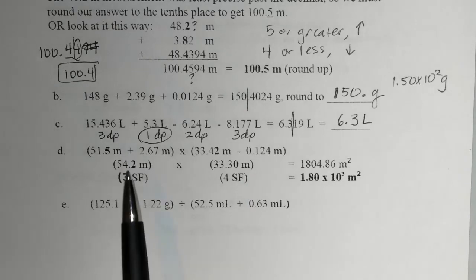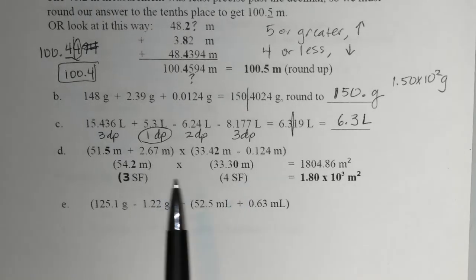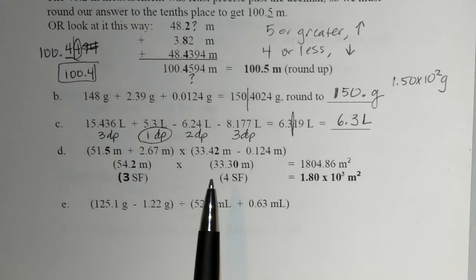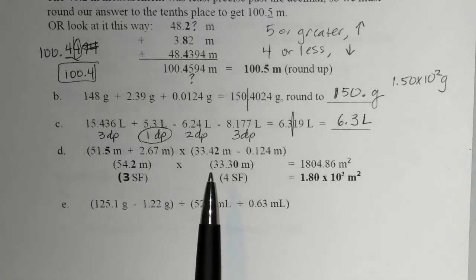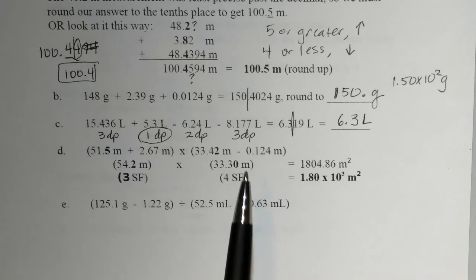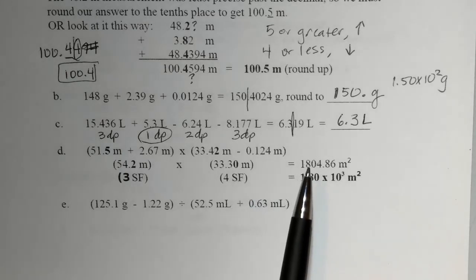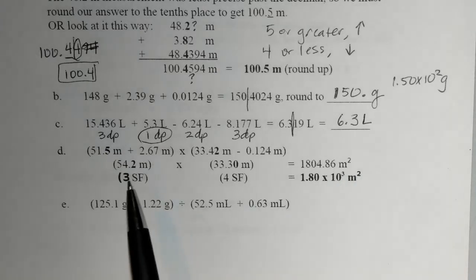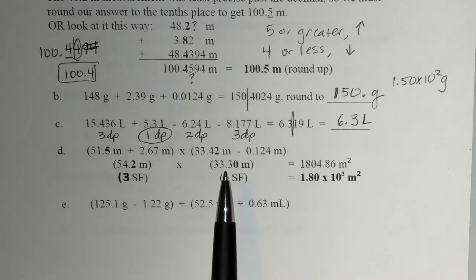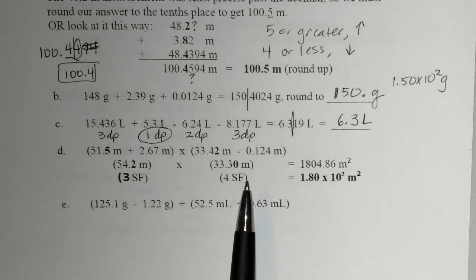Now when I go to multiply those two together, I'm going to ignore decimal places and just look at significant figures. So 54.2 times 33.30 gives me 1,804.86 meters squared. When I look at my sig figs, 54.2 has 3 sig figs. 33.30 has 4 sig figs.